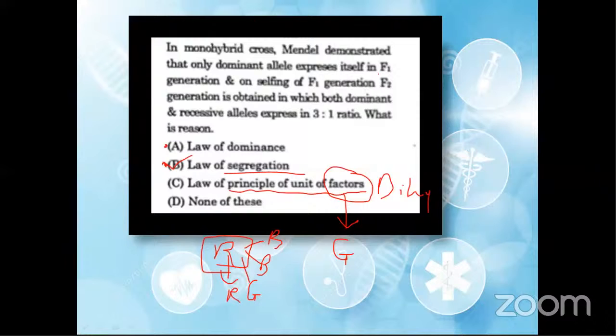Any normal pen, pinpoint pen, ball pen which we take, this pen is the character. While the various colors that you see, blue, black, green, red, those are the alleles. Contrasting characters.